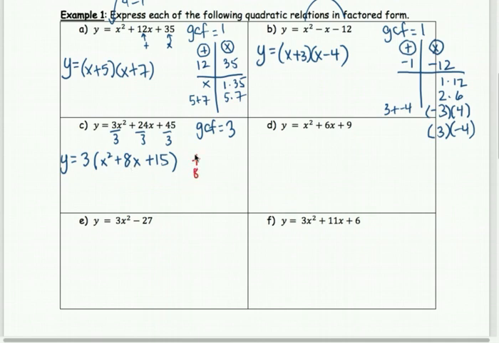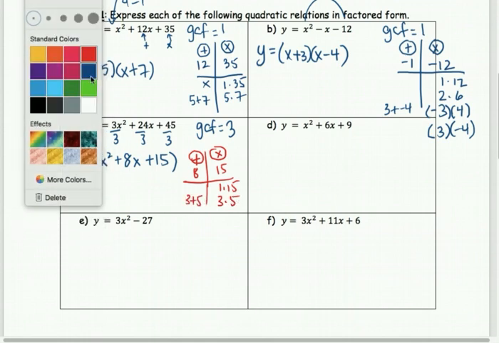You have to add to positive 8, and then you have to multiply to 1 times 15, which is 15. So these are the conditions. They have to follow both of these conditions, so you need the factors. So I'm thinking 1 times 15. No, that can't add or subtract to 8. 3 times 5, yes, that one works, because if I add those, those will be the factors.